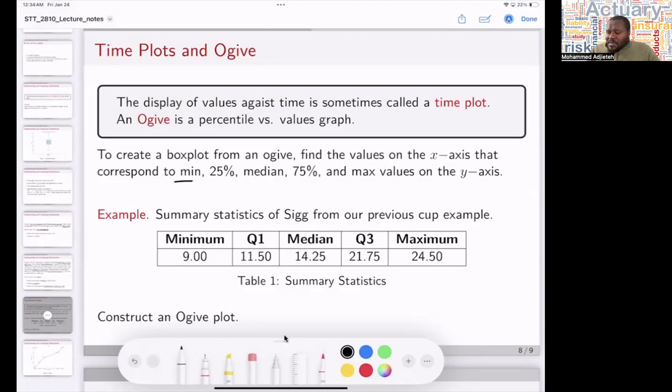So look at the minimum, first quartile or Q1, median, upper quartile, and then the maximum, right? This is the summary statistics from the SIG example. I placed it in the table here. So how do we construct the ogive for this? Remember, the ogive is a graph of percentile versus the value.